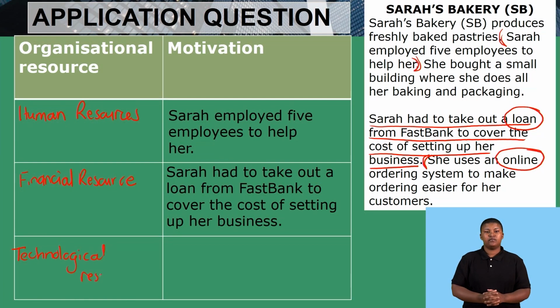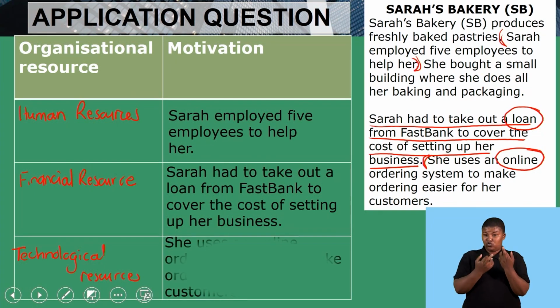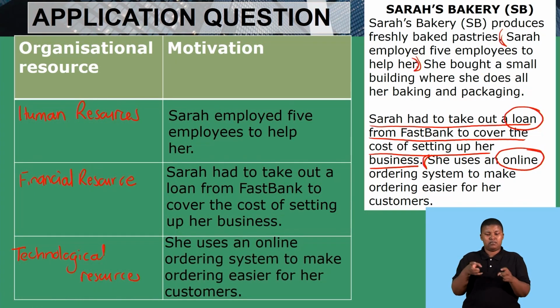All right, so then the technological resources will be motivated by quoting that entire sentence at the end of the scenario. She uses an online ordering system to make ordering easier for her customers. So there we have answered the first question. Remember, quoting means exactly as it is from the scenario, word for word, and as far as possible, the whole sentence. Let's go on to our second question.